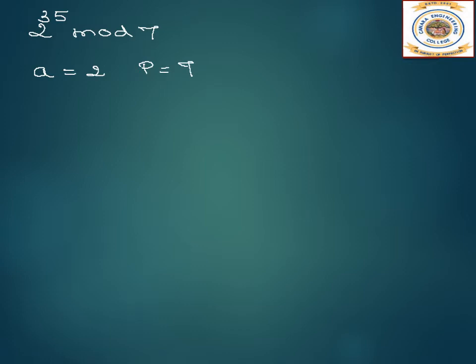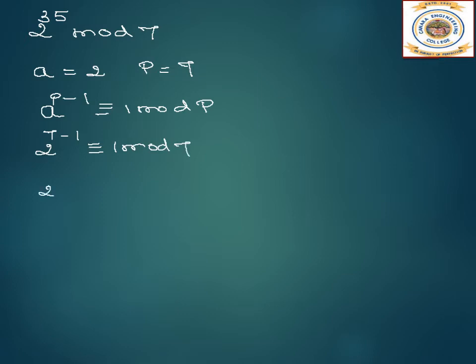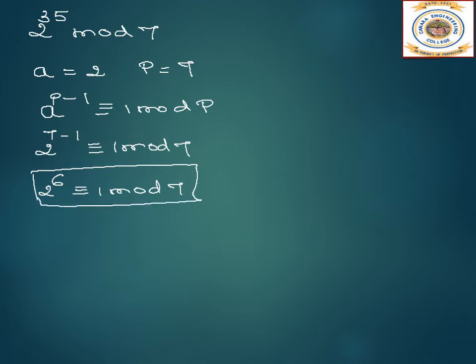As per the statement of Fermat's theorem, a^(p-1) is congruent to 1 mod p. If I substitute the values, 2^(7-1) is congruent to 1 mod 7. So 2^6 is congruent to 1 mod 7.